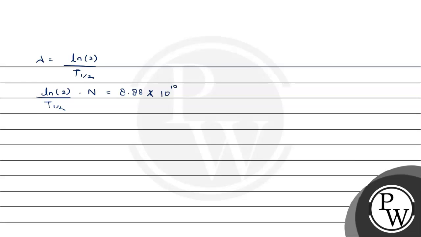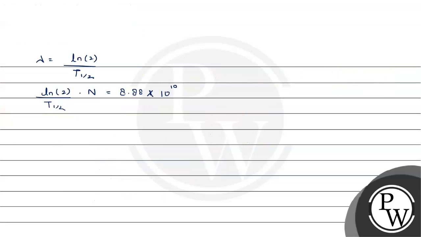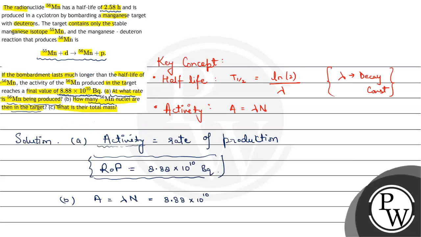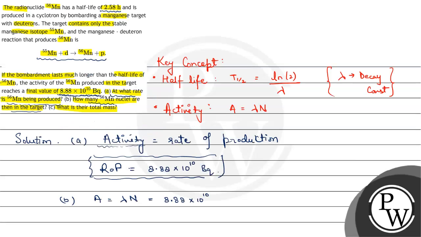T half we have been given as 2.58 hours. So here N will be equal to 8.88 × 10^10 upon 0.693, which is the value of ln 2, times T half, which is 2.58 times 3600, since we have to convert hours into seconds.